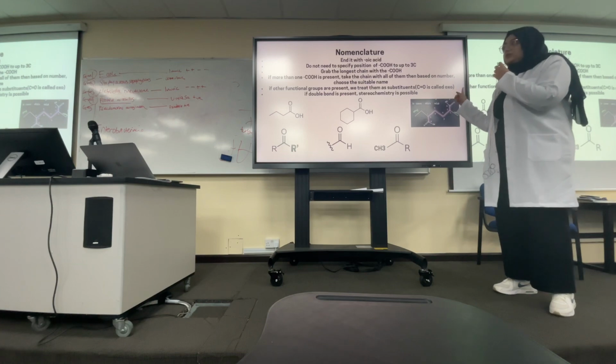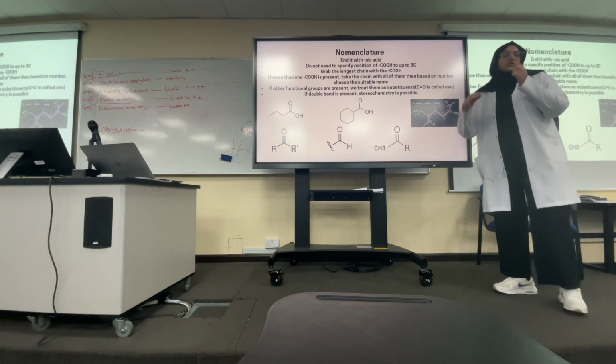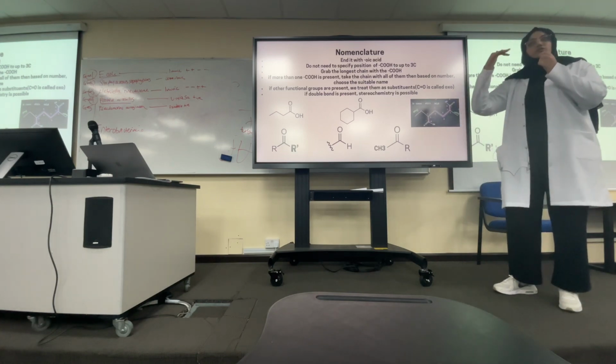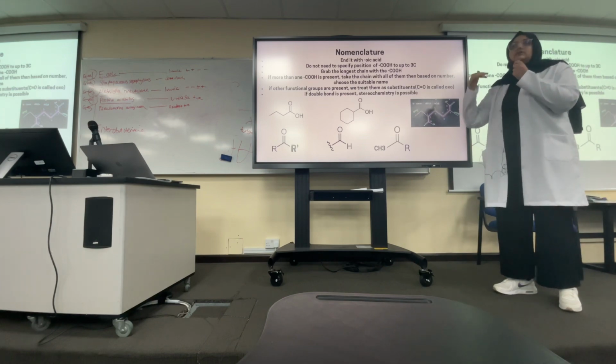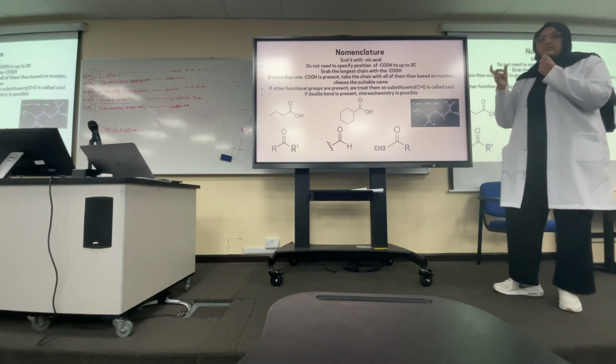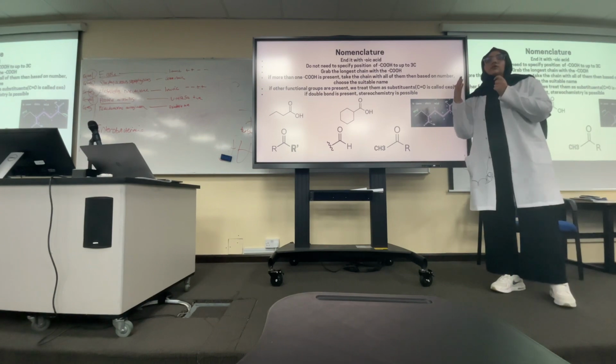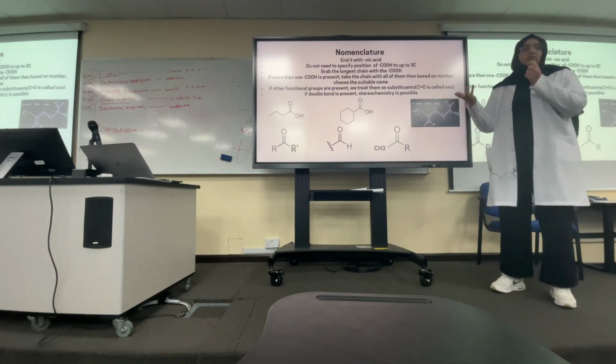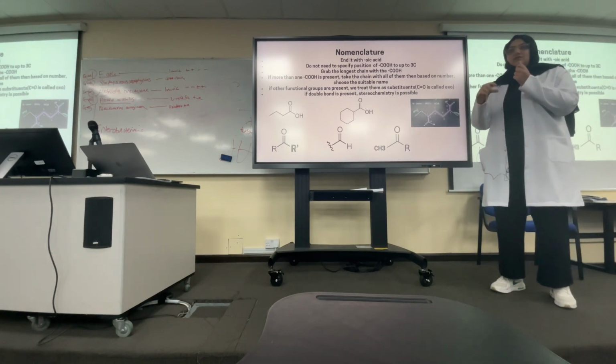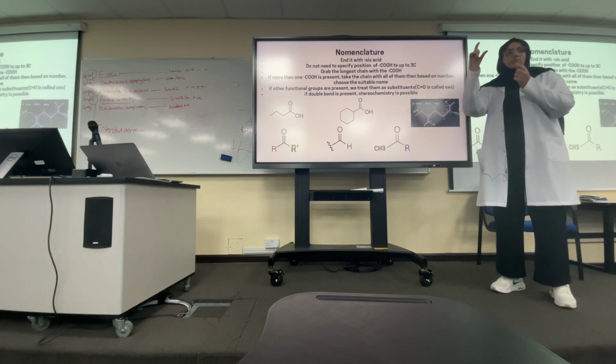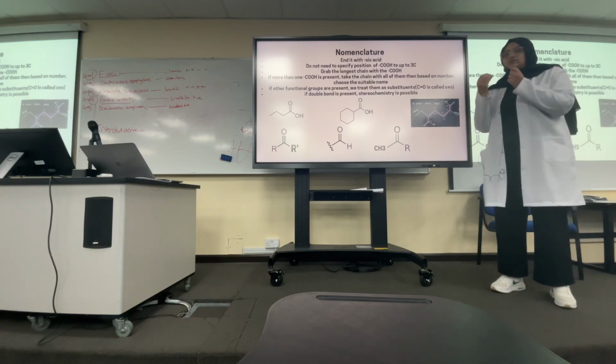A possible question they could give you is stereochemistry. Remember, not cis-trans, but E and Z? If they give you a compound and then a bunch of names, like name this compound, and there's E and Z, there's a higher chance the answer is going to be the E and Z one, if stereochemistry is possible.